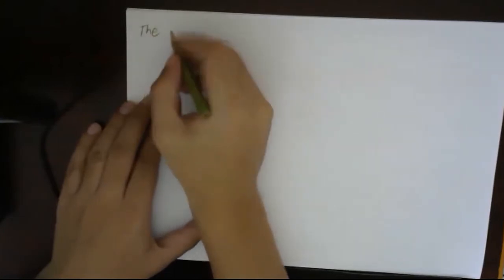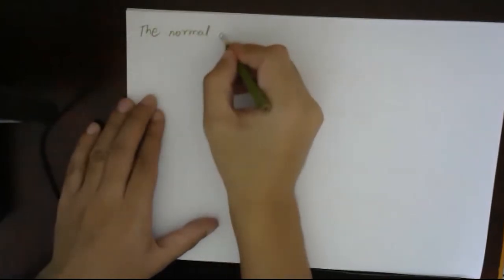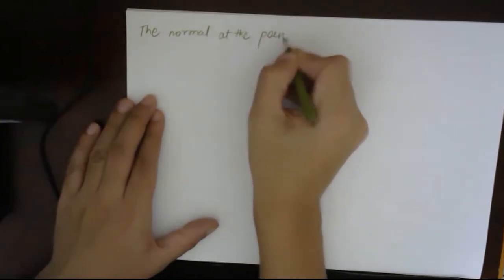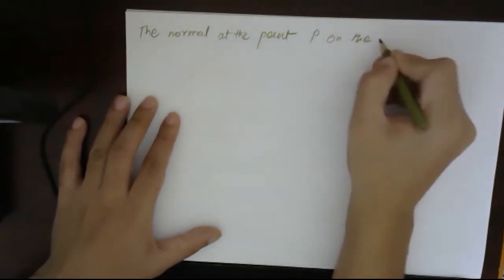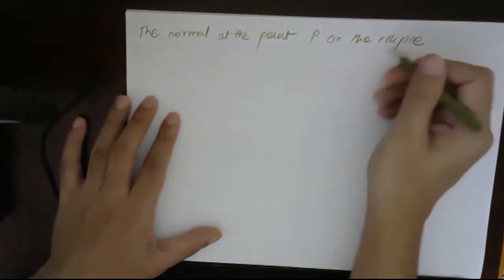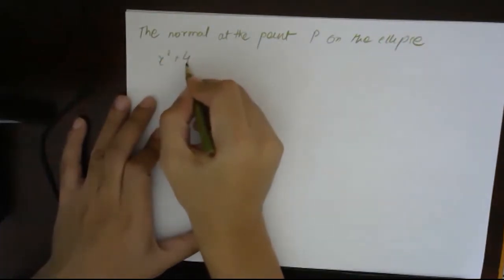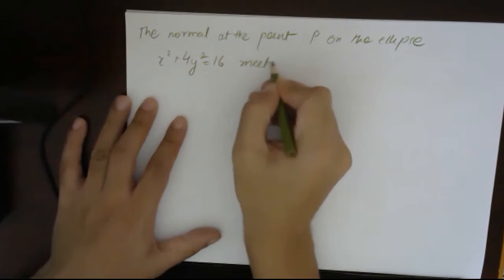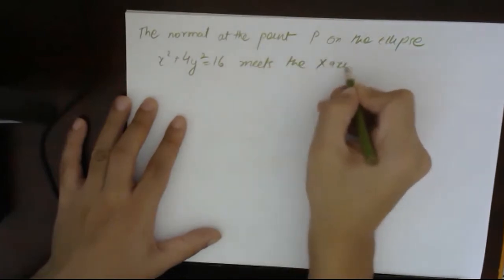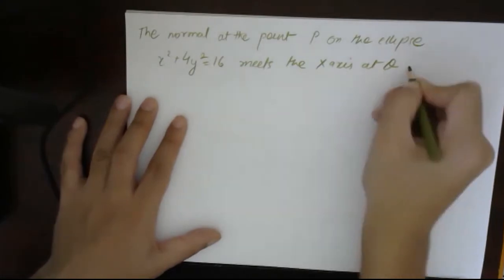The question given is: the normal at the point P on the ellipse x square plus 4 y square is equal to 16 meets the x-axis at Q.